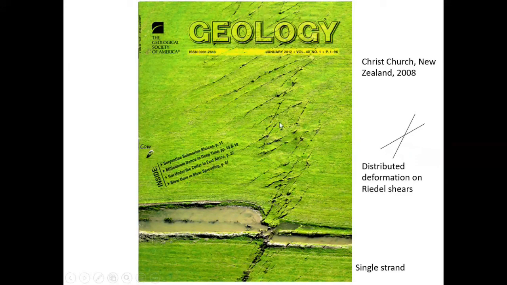And here also we have another set of fractures. So these fractures have a lower angle to the main strand of the strike-slip fault, which is going in this direction. So these structures should be primary Riedel shears in this direction, and this other set of fractures, which are at a higher angle or greater angle to the main strand, should be second order fractures.